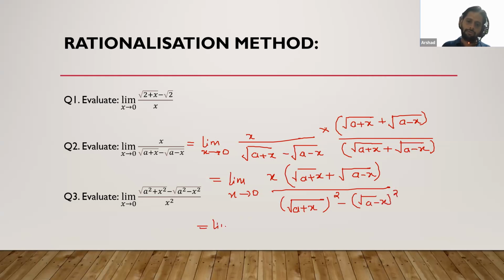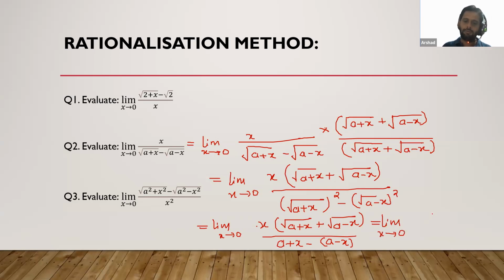This is equal to limit x tends to 0, x under root a plus x plus under root a minus x by a square, that means a plus x minus a minus x. Okay, this is equal to limit x tends to 0, x into under root a plus x plus under root a minus x by, open this bracket, a plus x minus a plus x.